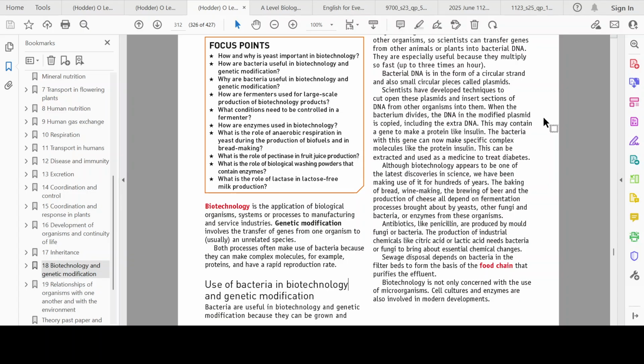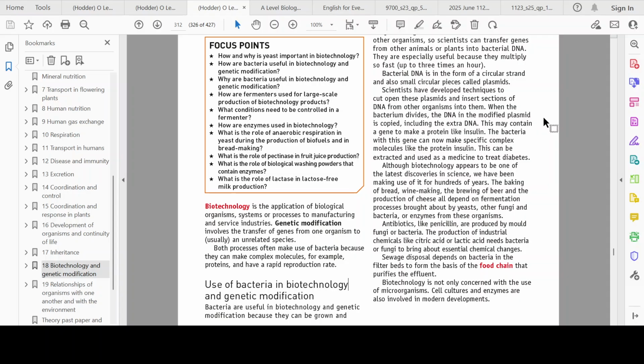And so an example is human insulin. That's come in earlier as well. It's going to come over here. And so human insulin is mass produced using bacteria. So the gene that codes for insulin in human beings is taken, it's introduced into a plasmid, and that's put into a bacteria. And so you've got genetically modified bacteria.